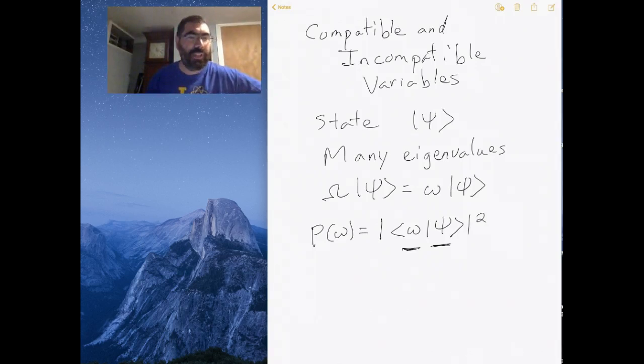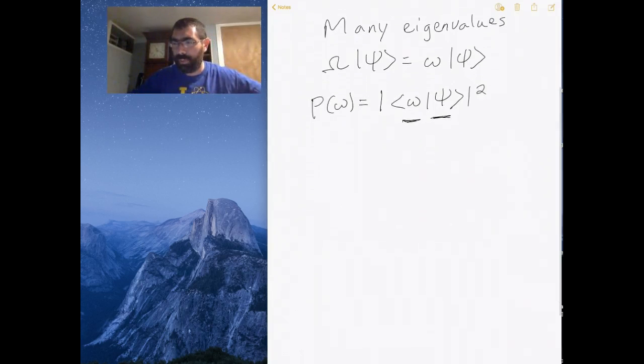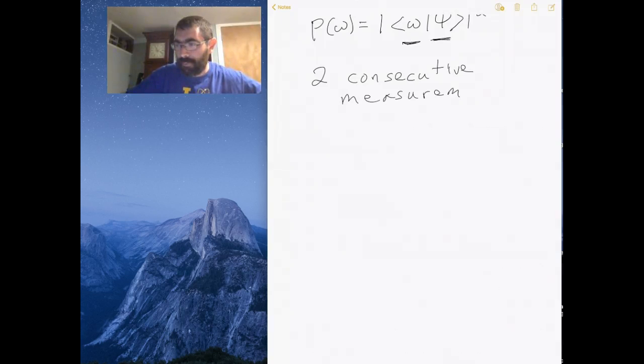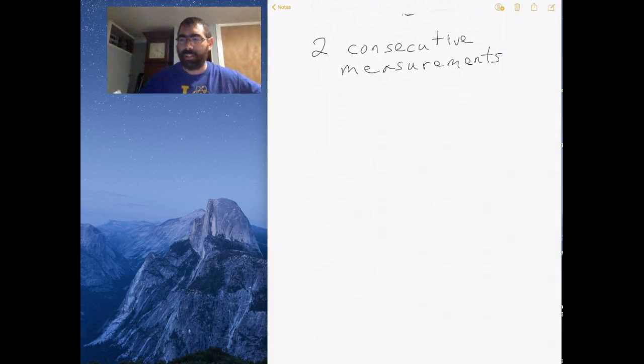Now what if we have two observables, or two consecutive measurements? We're going to label these two measurements abstractly as omega and capital lambda.